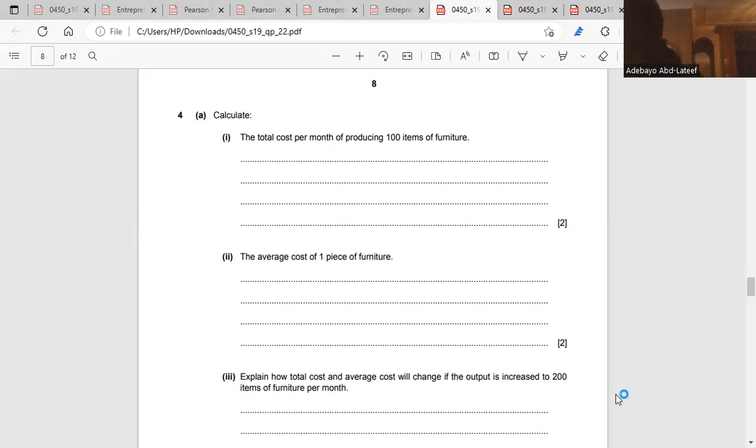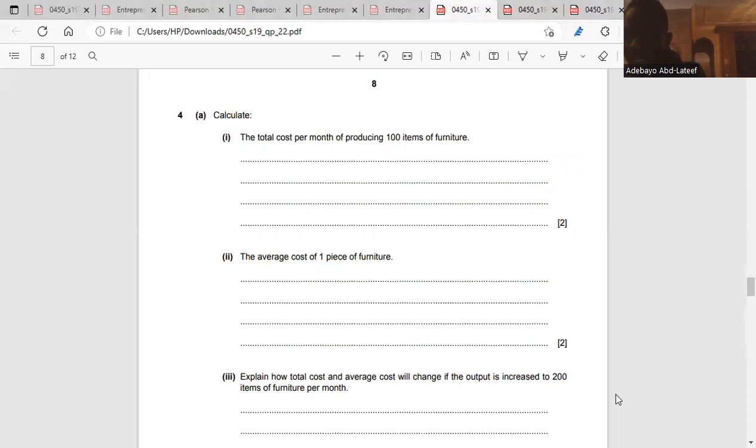Let's check it. If the output increases to 200, the total cost will increase, but what happens to our average cost?